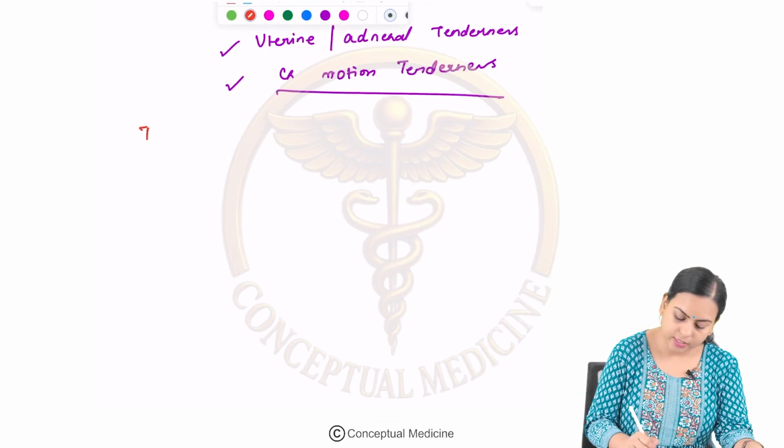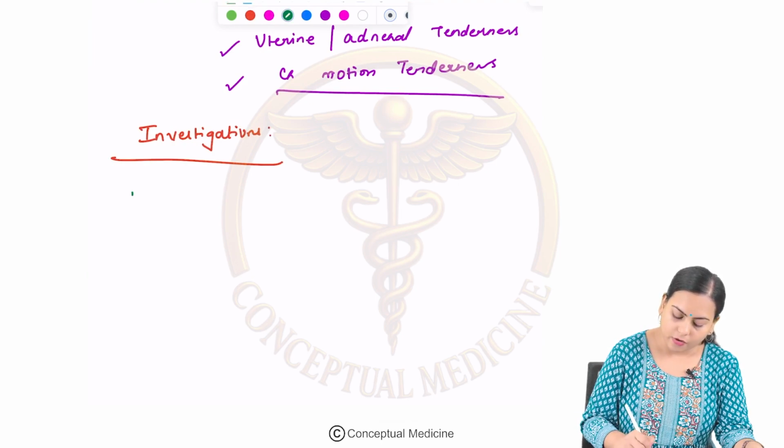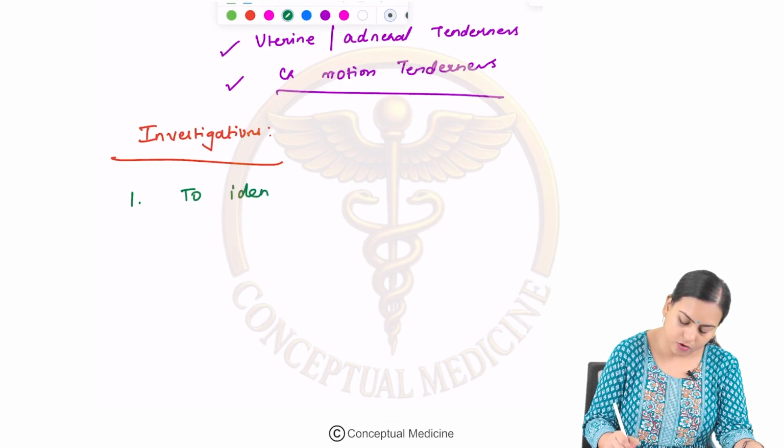Clear? So let's see what are the investigations to be done in a case of pelvic inflammatory disease. The first point is you have to identify the organism.